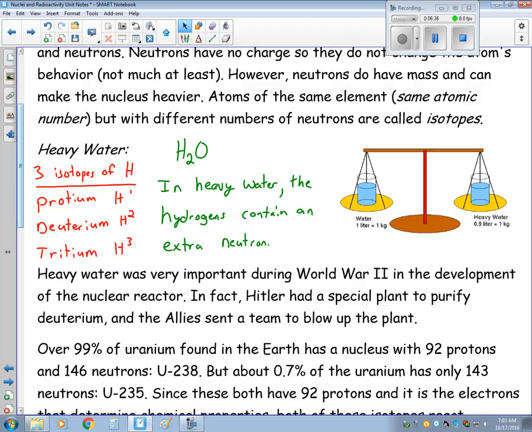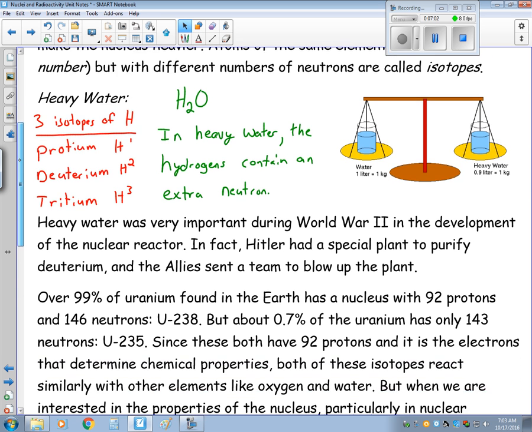So in other words, we're making water with either deuterium or tritium. And that makes it heavy. In this graphic here to the right, we can see that, under normal conditions for water, 1 liter has a mass of 1 kilogram. Heavy water, it only takes 0.9 liters to make 1 kilogram. So it is a substantial difference.